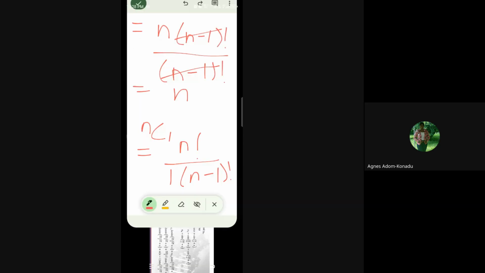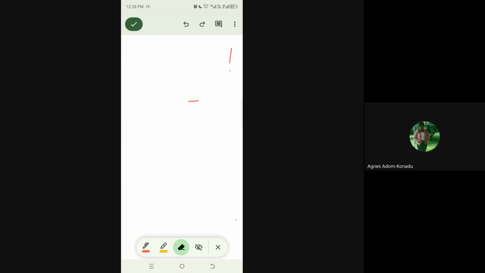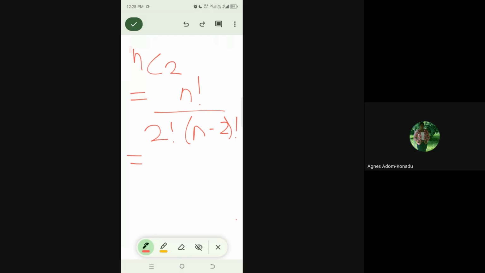Let me do n combination 2 too, so that you see what we are going to get. We have n factorial over 2 factorial times (n minus 2) factorial, since r is now 2.